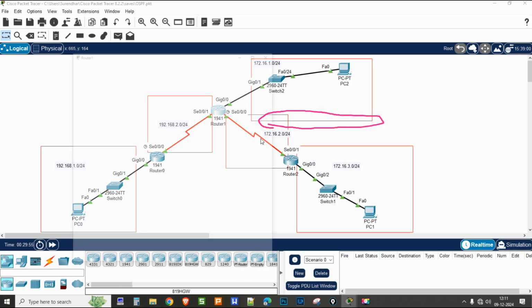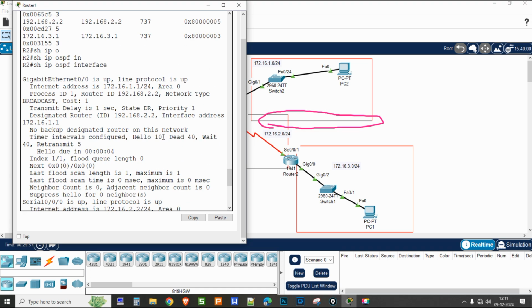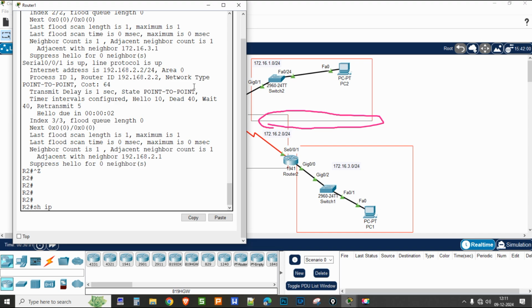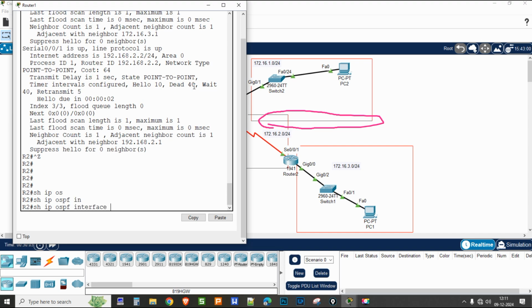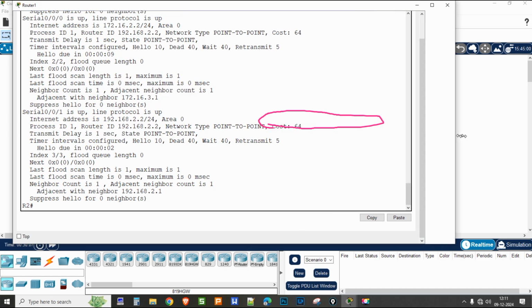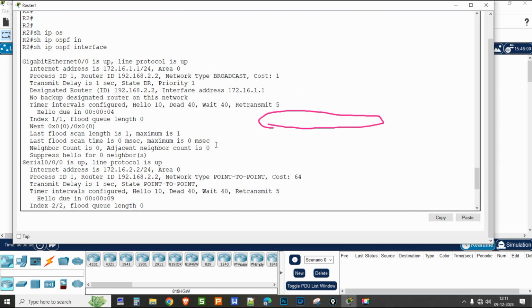Likewise, we need to configure all the routers. You can see all the interfaces can advertise the routing information. It has 3 interfaces. So 3 interfaces can route the information. I already told, this is the IP address of the corresponding interface. This one has the router ID of the corresponding routers. This is the interface.